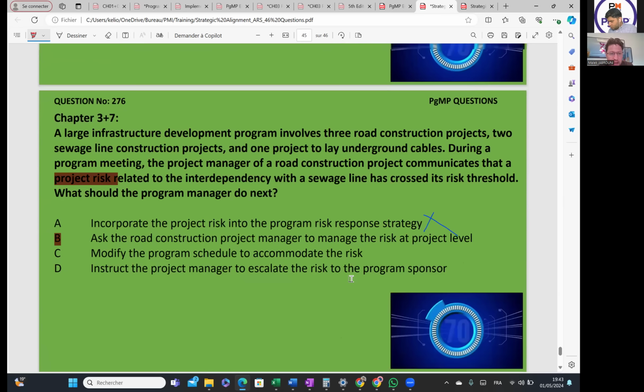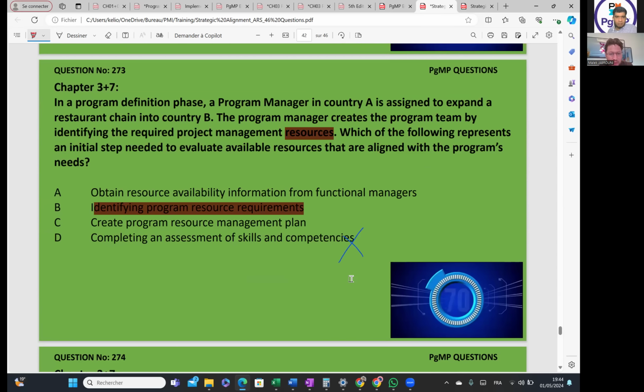Okay. This one: identify program resource requirement. I put resource as a keyword. It's talking about a program manager in the program definition phase.